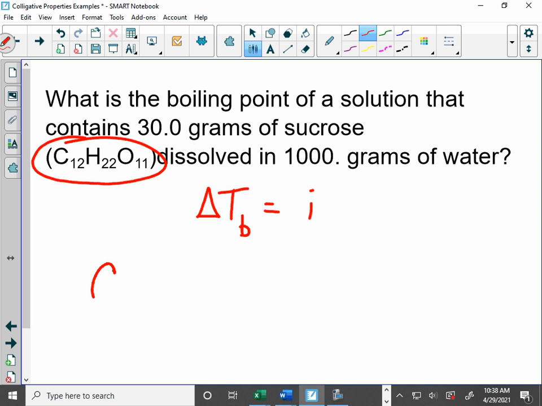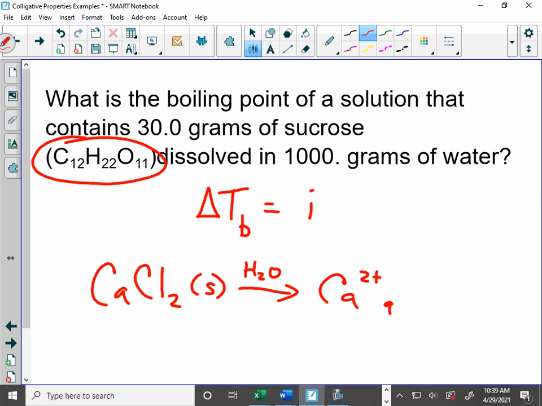Now let's look at something like calcium chloride. When we did computer lab number 13 and 14, we knew that if we had calcium chloride as a solid and we dissolved that into water, we were going to get calcium ions in the aqueous solution, and we were going to get 2 chloride ions in the aqueous solution, correct?